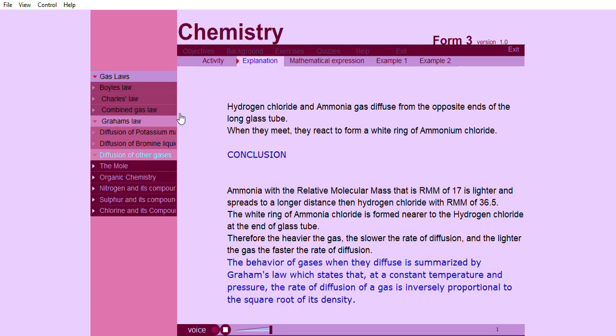Hydrogen chloride and ammonia gas diffuse from the opposite ends of the long glass tube. When they meet, they react to form a white ring of ammonium chloride.